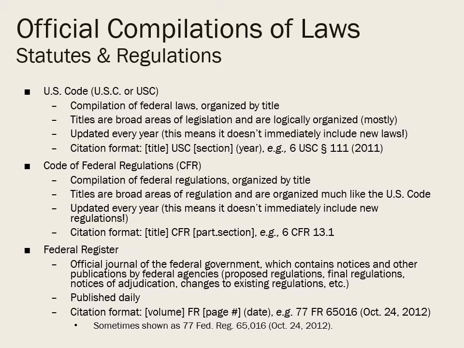Because the Federal Register is published daily, the citation is longer, because you need to cite not only the volume and page number of the Federal Register, but also the date. So you can see the citation formats here on the screen.